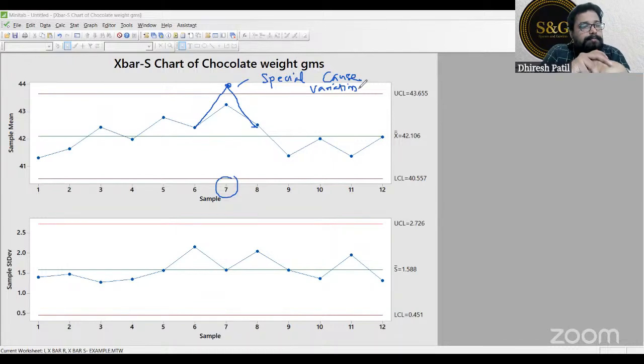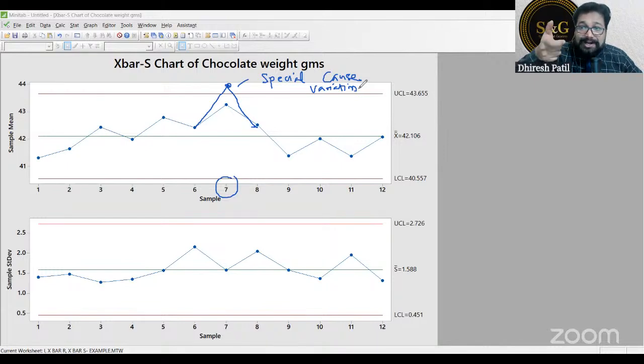Type in the chat box. If any data point goes beyond control limits, that is the time where we need to investigate. Investigate that point, investigate the reason, the causes and the root causes of it, and try to quickly eliminate it.